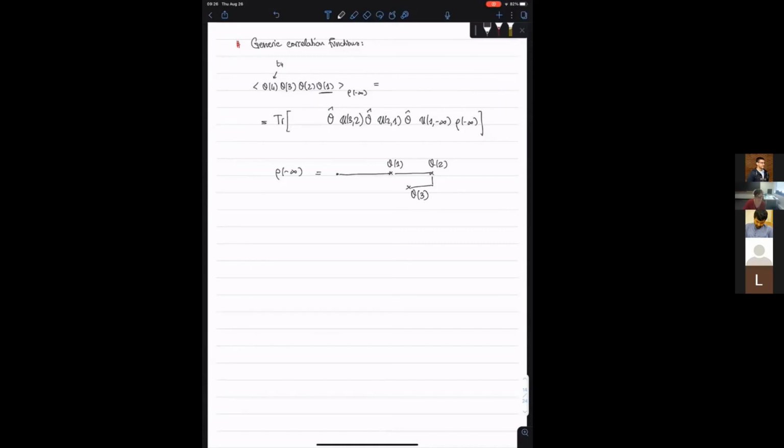And then there is another evolution of 3, which say it's somewhere over here. And then the evolution backwards to where the initial state is defined.